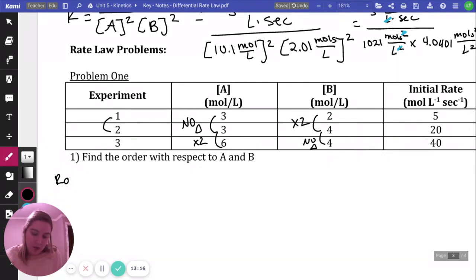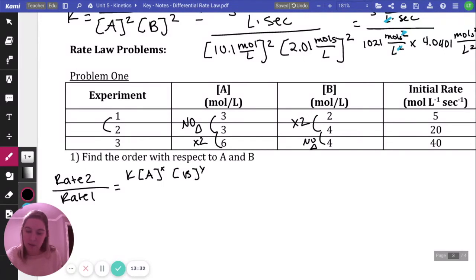The rate of our second experiment over the rate of our first experiment is going to be equal to our general rate law, K times the concentration of A to some power times the concentration of B to some power, even though we don't know what our order is at this point.